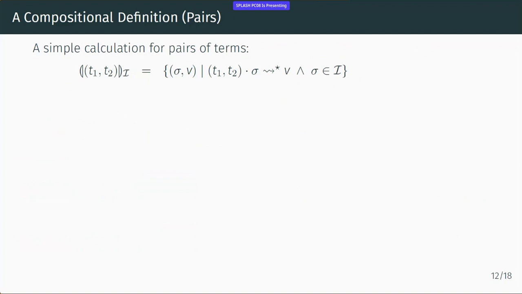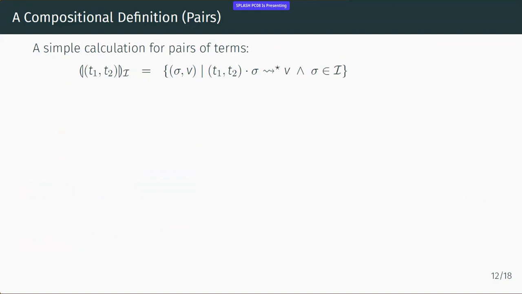So again, we follow the standard methodology of abstract interpretation, which says that you should go with the semantic definition and rewrite and simplify. So here I take the example of pairs. I have a pair of two programs, T1 and T2, and I look at its semantics.